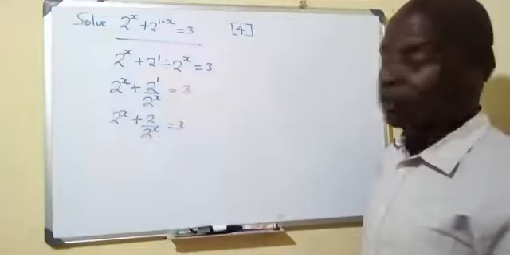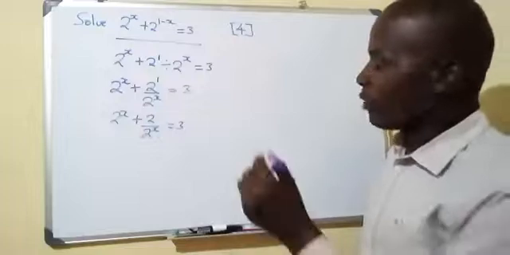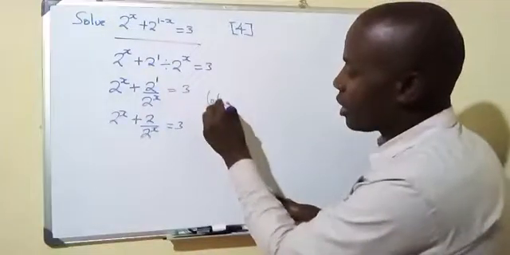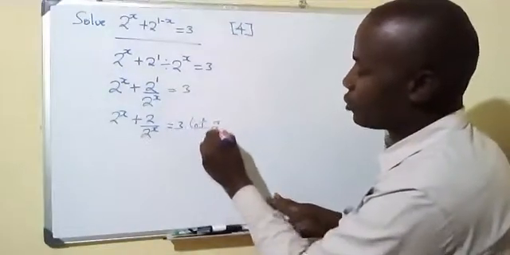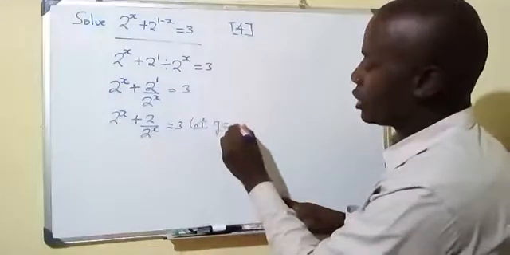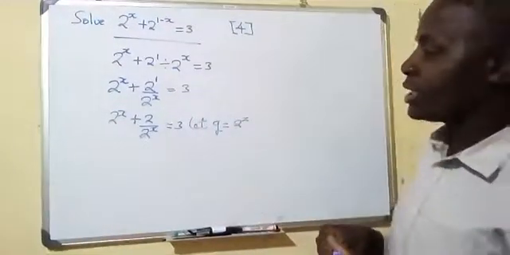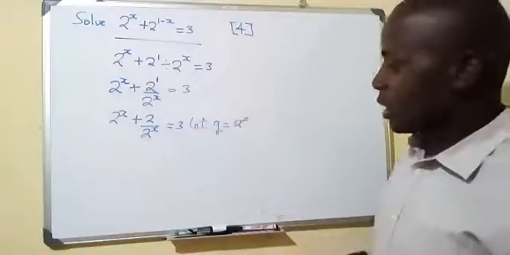What do I mean? We choose any of the alphabetical letters. So I will choose the letter Q. I will say let Q is equal to 2 to the power x, meaning where there is 2 to the power x, I will replace it with a Q.